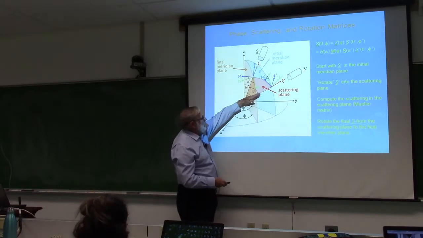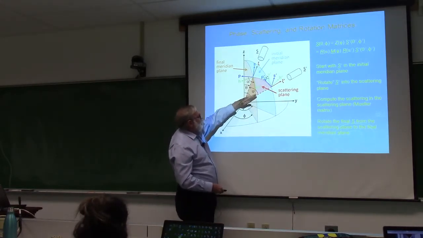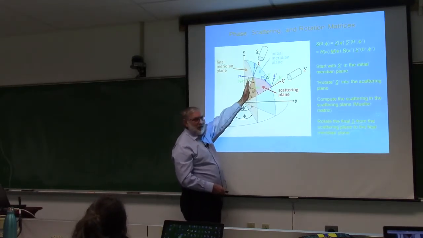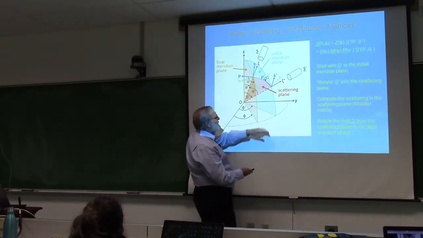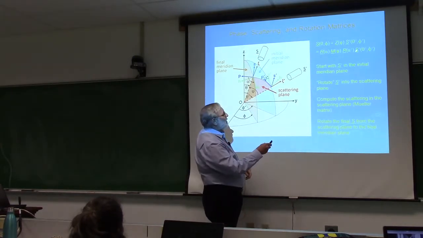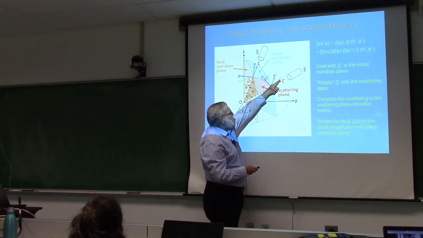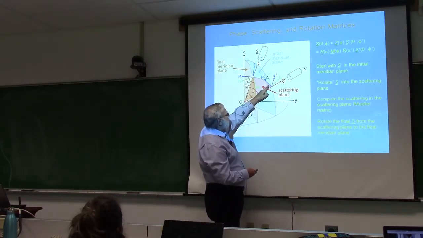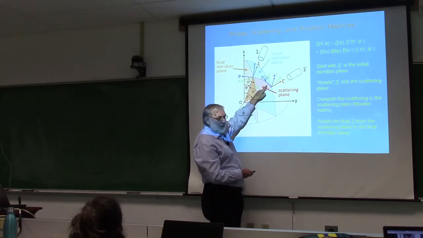So there's a thing called the scattering plane, which is in pink here, and that's the plane that's defined by the incident and the final directions. So you take your initial Stokes vector, it's in this green initial horizontal vertical direction, you rotate those around into a direction that's perpendicular and parallel to the scattering plane.